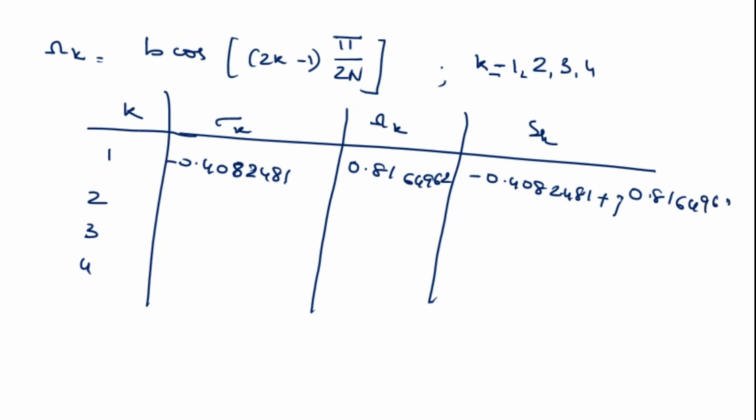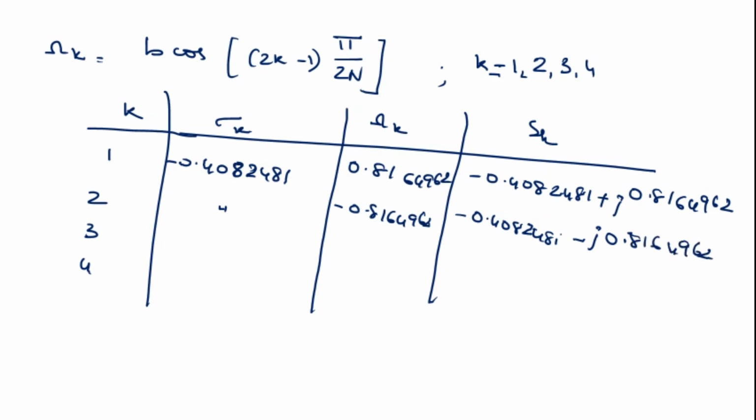For k equal to 2, we get the same answer for sigma k, minus 0.4082481, and sk is minus 0.4082481 minus j 0.8164962. For k equal to 3, we get sigma k as 0.4082481, sk here is a positive real part, 0.4082481 minus j 0.8164962.